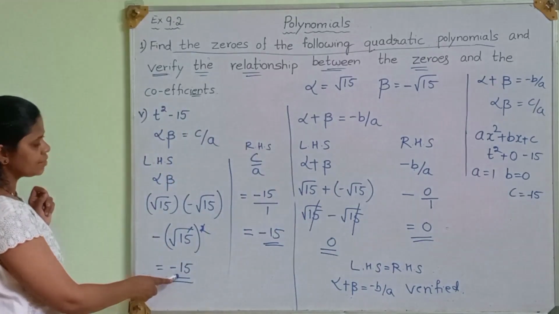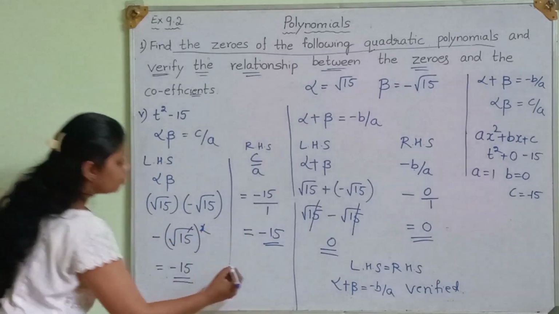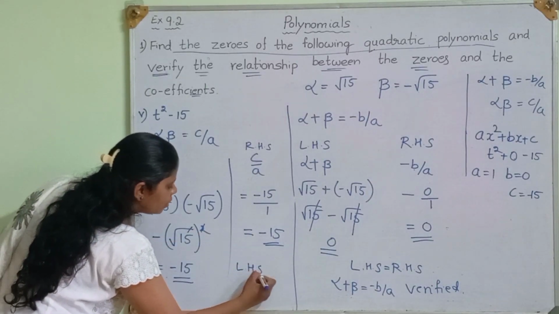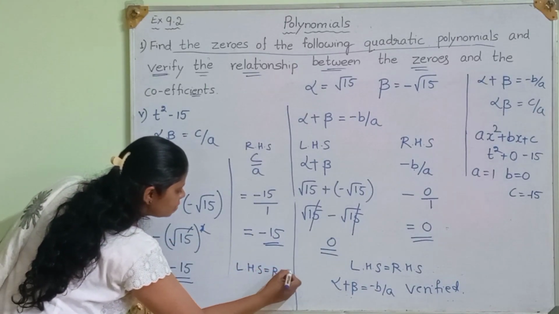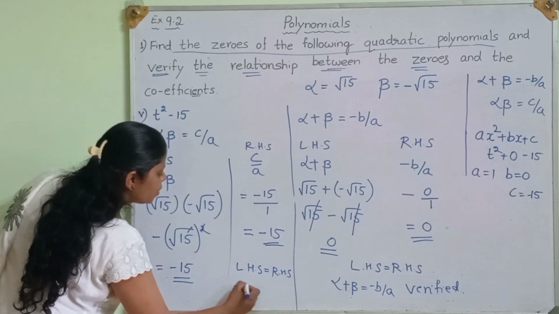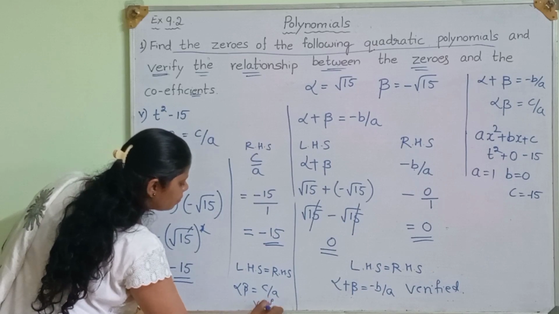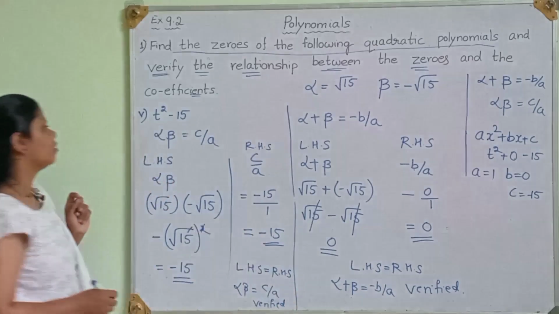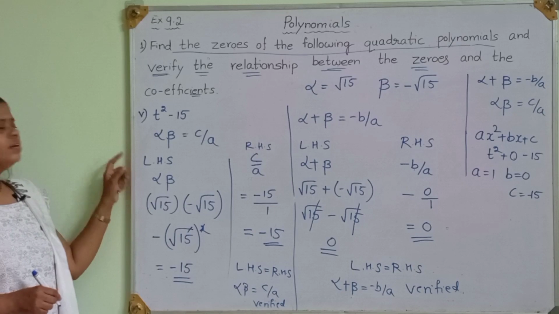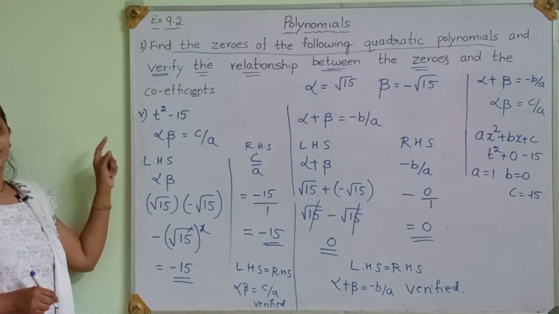Now look at this LHS and RHS. Both are equal. LHS is equal to RHS. Therefore, alpha beta is equal to c by a. It is verified. Hope you have understood.